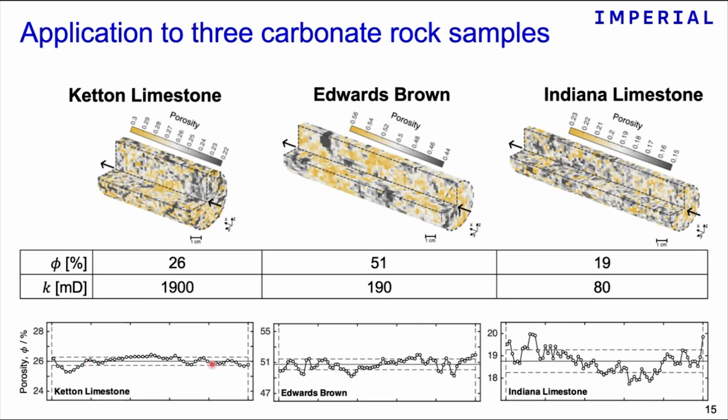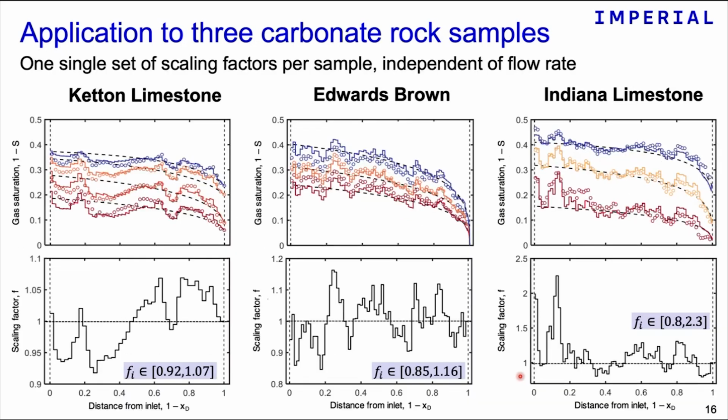And here you see the corresponding porosity profile in the samples, right? And we were indeed quite pleased to see that this conceptual method actually works very well. So you see here now the saturation profiles obtained during the experiments for the 3 rock samples, and the lines are the prediction by the model, now corrected for these scaling factors that I mentioned before, right?